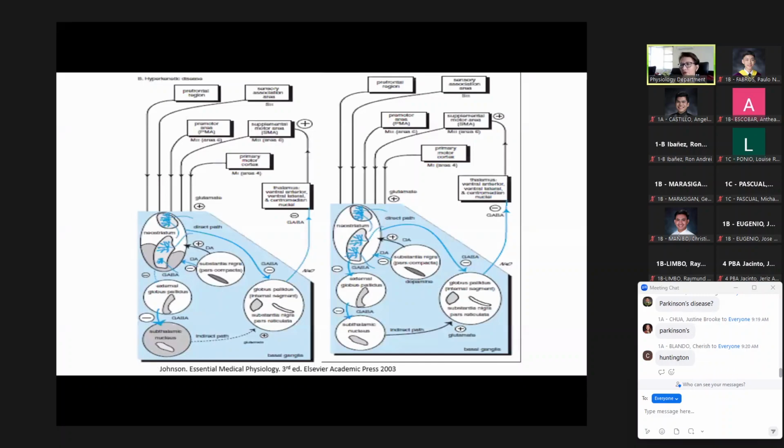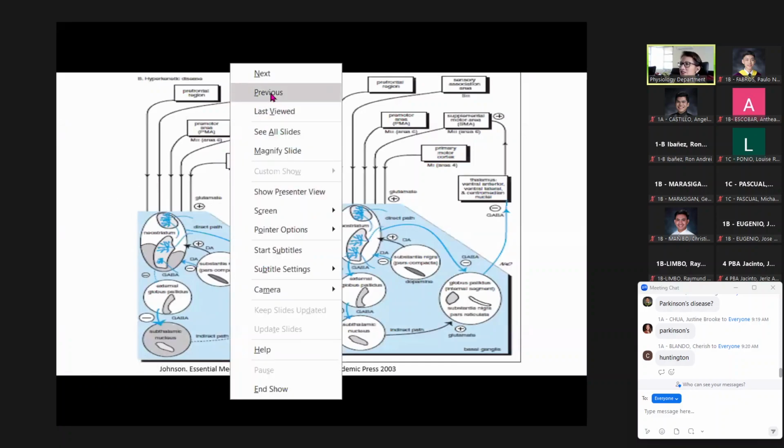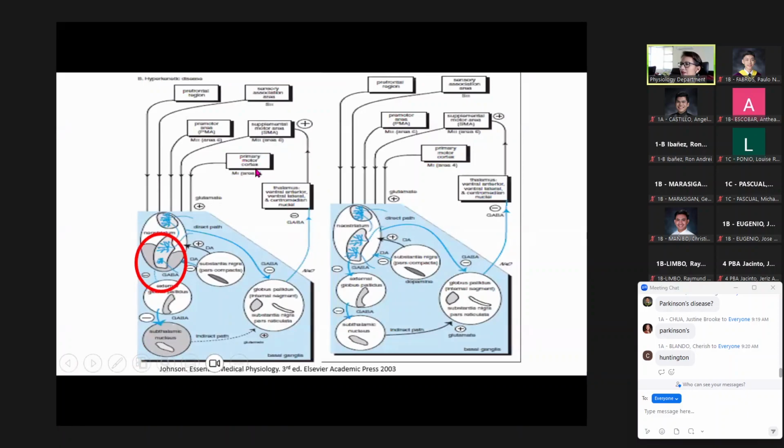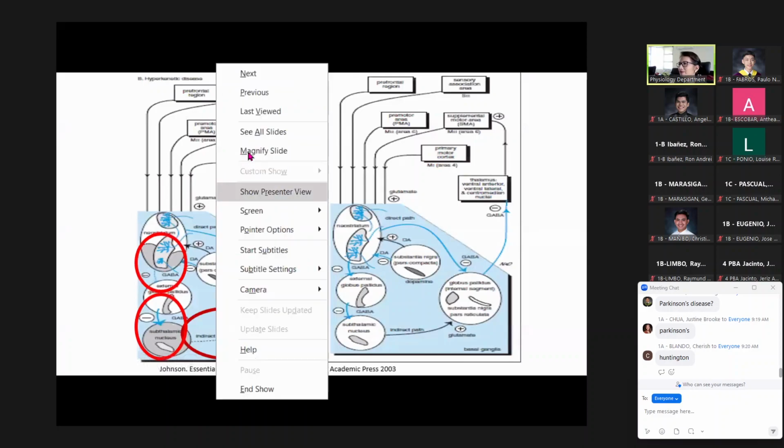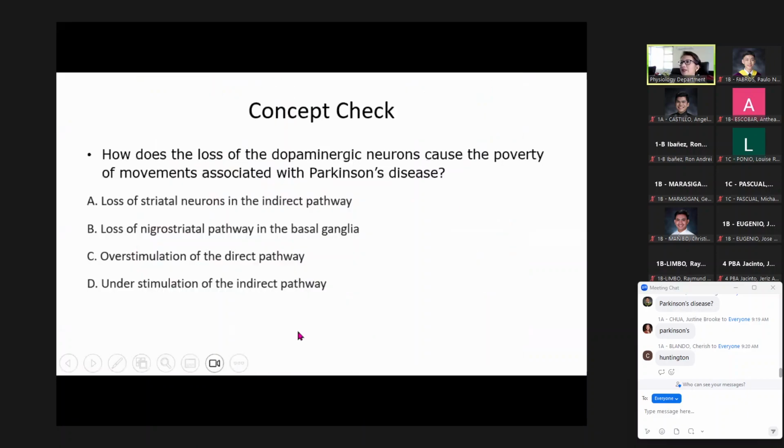Huntington. Very good. So, Huntington disease. When you look at the diagram, you will be able to explain.